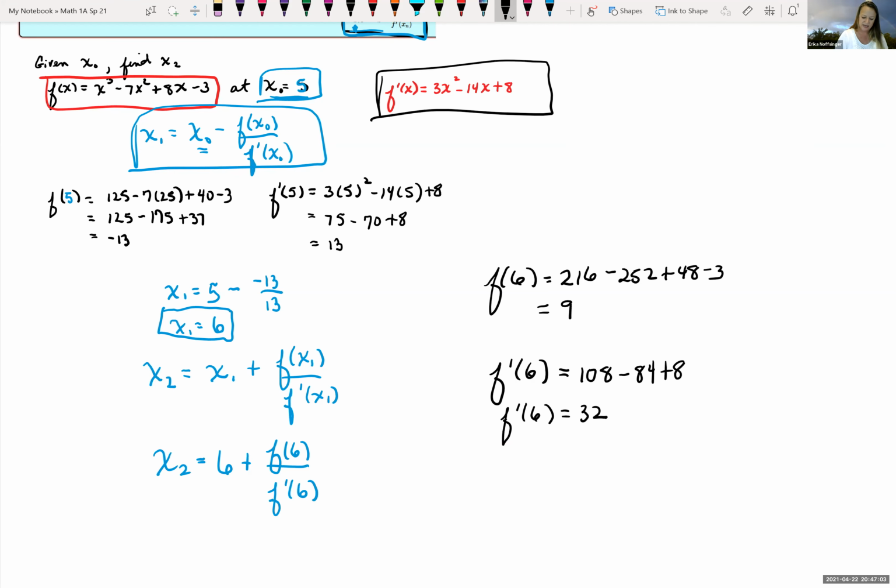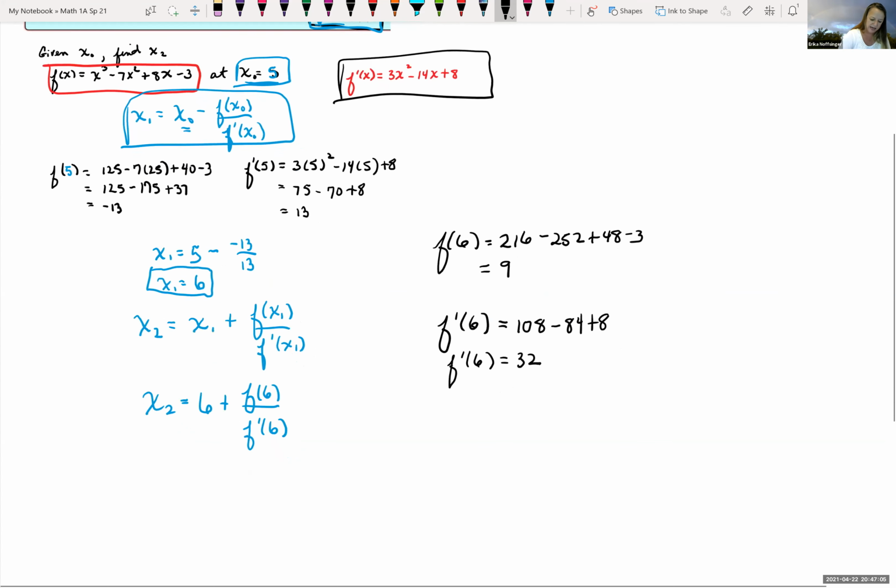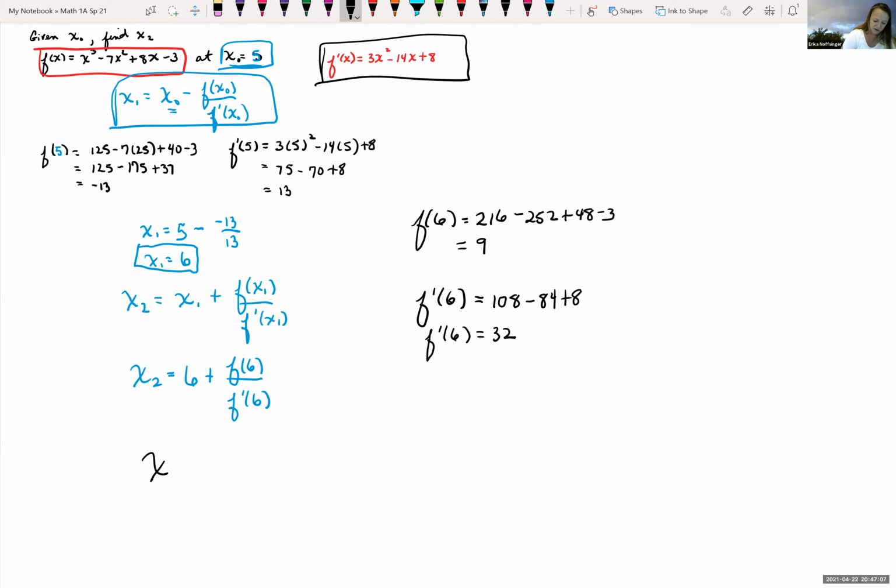So if we go back in here and we plug in what we have, x of 2 is equal to 6 plus 9 divided by 32. We could put that in decimal form if we wanted to.